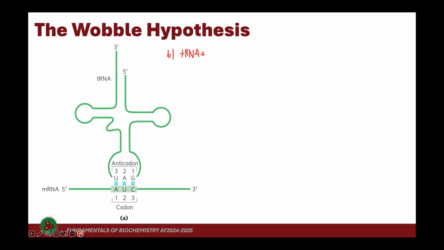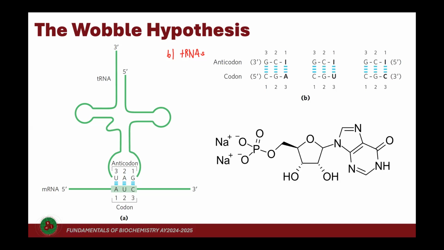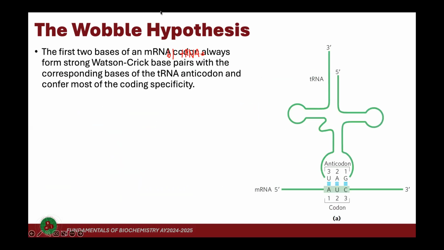So the wobble hypothesis states that the first two bases of an mRNA codon have strong Watson-Crick base pairs with the corresponding bases of the tRNA anticodon, and they confer most of the coding specificity.